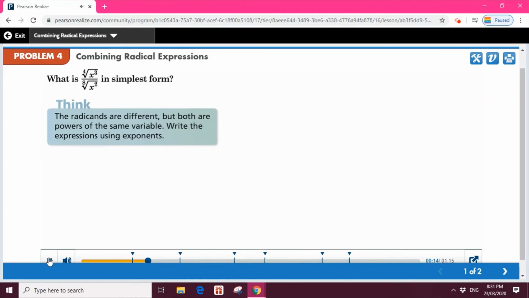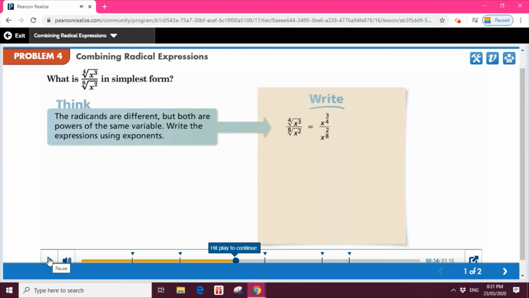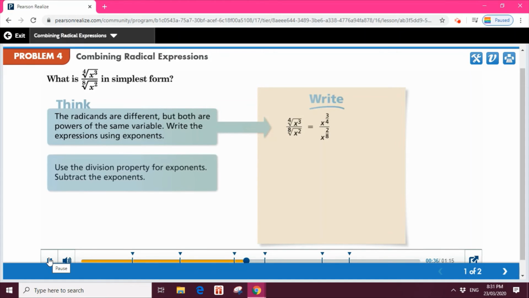The radicands are different, but both are powers of the same variable x. Write the expressions using exponents. Use the definition of rational exponent to rewrite the expressions. Use the division property for exponents.